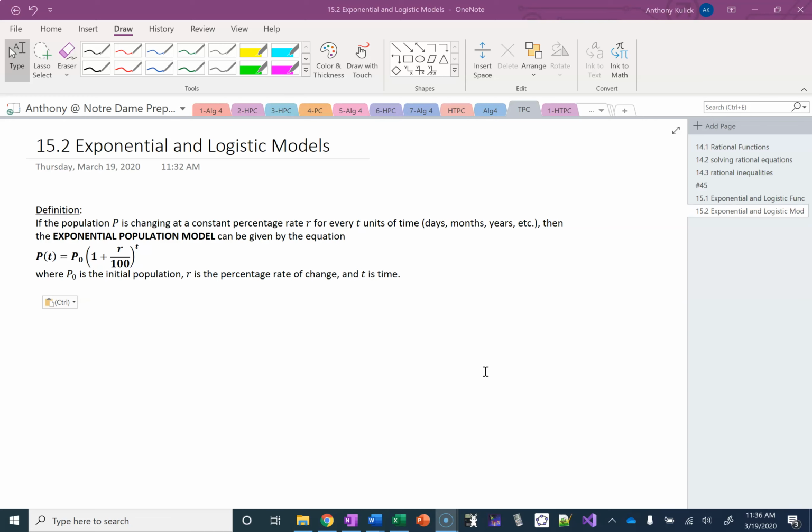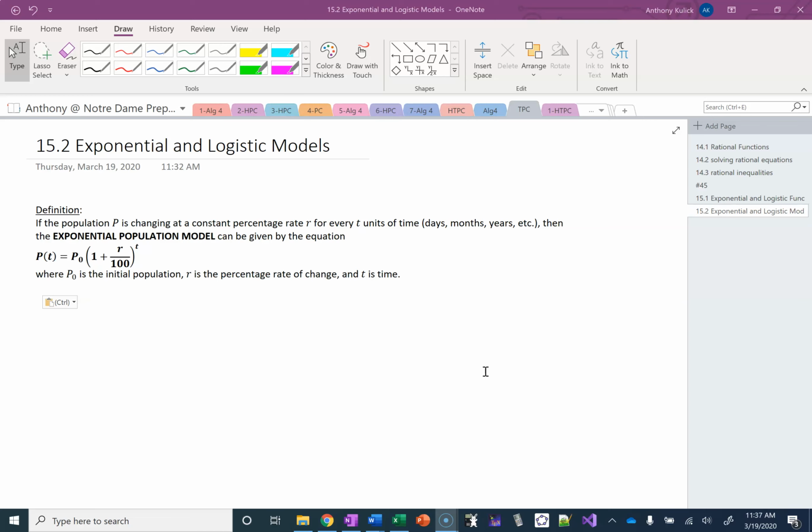P of t represents our final amount, the amount that we're looking for, some future value. P sub 0 is the initial population, or the initial amount, whatever our starting value is. R is the rate of growth written as a percentage, or it could be rate of decay, depending on the phrasing in the problem.